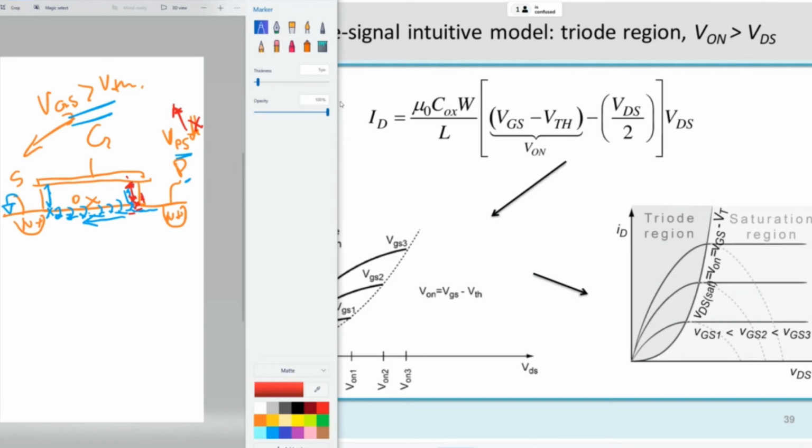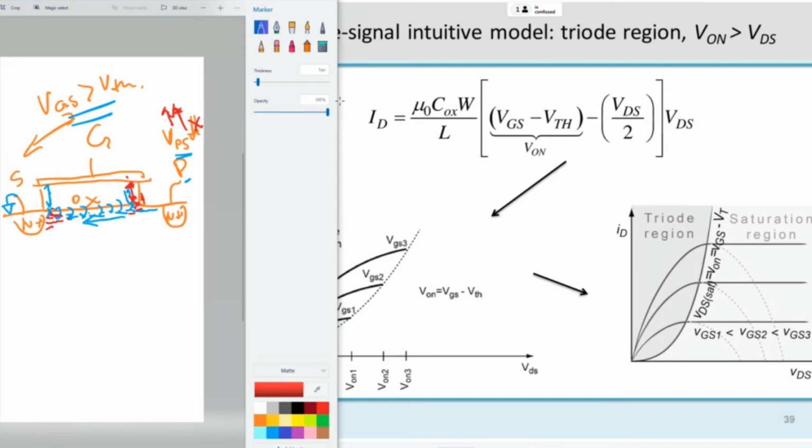This gate-drain voltage is still larger than the threshold voltage, but it's not that much larger. Here the gate-source voltage is very much larger, so I have a lot of electrons, because with this large voltage, I can invert the channel very well, and the density of electrons here is high. But now, as I move towards the drain, if I look at the potential in this interface, I start from zero potential and I move to a voltage which is high, the drain voltage.